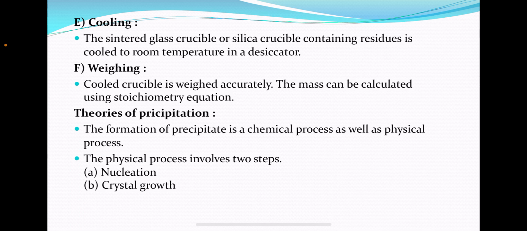If it is not moisture sensitive, then we can keep it in the open itself to bring it to room temperature. Once it comes to room temperature, we weigh it. The cooled crucible is weighed accurately, so the mass of the required constituent can be calculated using stoichiometric equations.